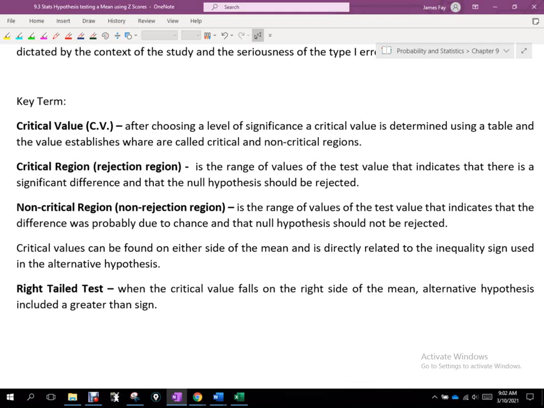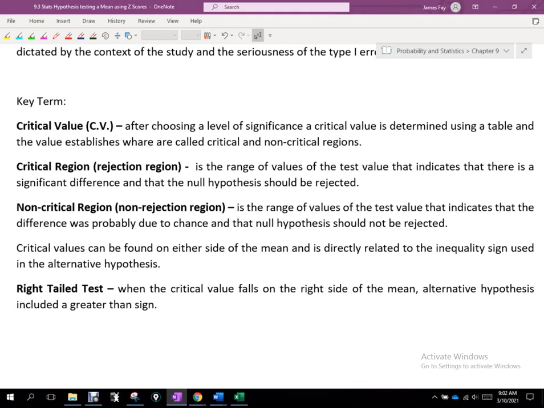So our sample mean will never be identical to the population mean, right? It's always going to be off a little bit, because the sample is never 100% the same as the population. So there's going to be a difference between the sample mean and the population mean.